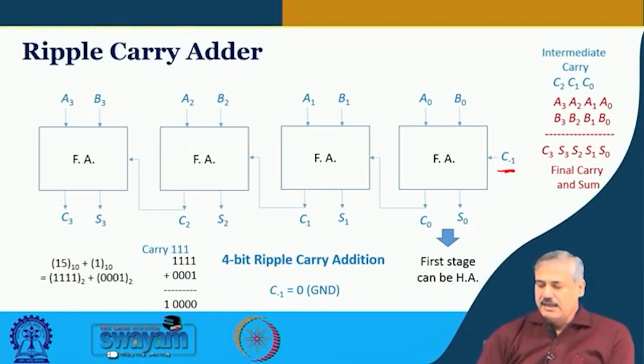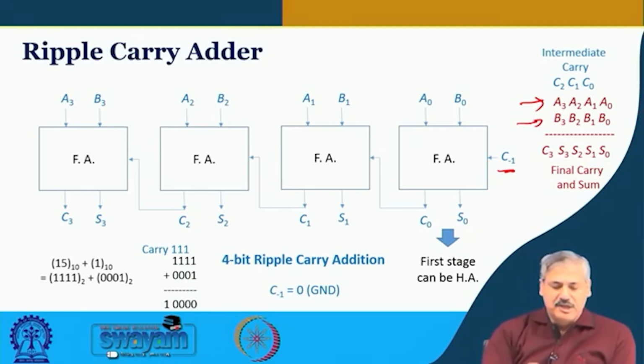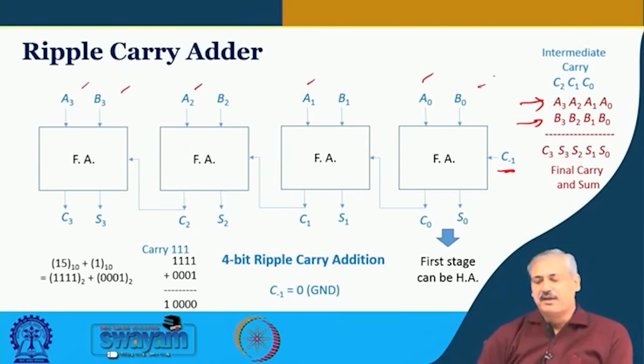And then the corresponding inputs are number A with A3 to A0 as different bits, and number B, B3 to B0, the 4 bit number with different bits. A3, A2, A1, A0 is supplied to one of the inputs of each of the full adders, and B3 to B0 to the other.